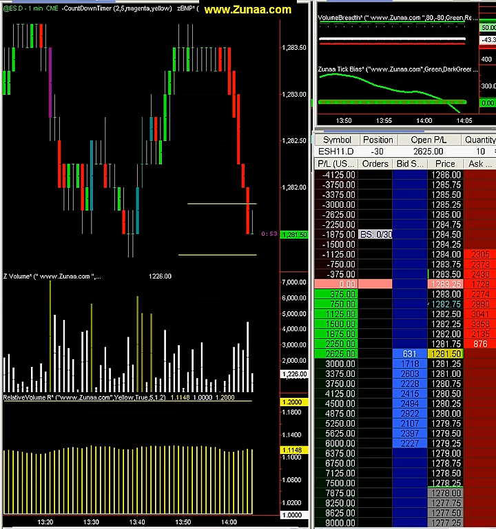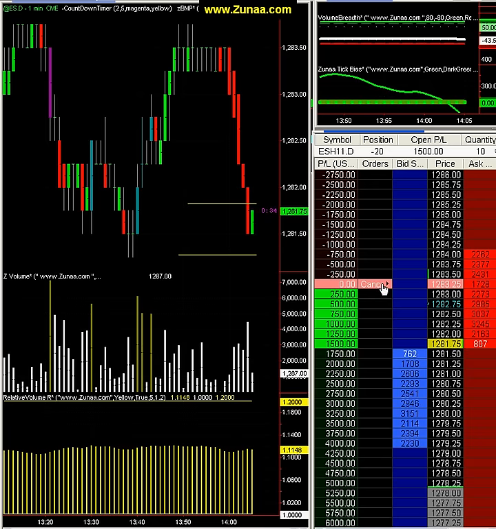Okay, so we are now in a situation where we can quickly take our profits. We move, as I said earlier, we can move our protective stop down to entry price, or go to a scratch stop.